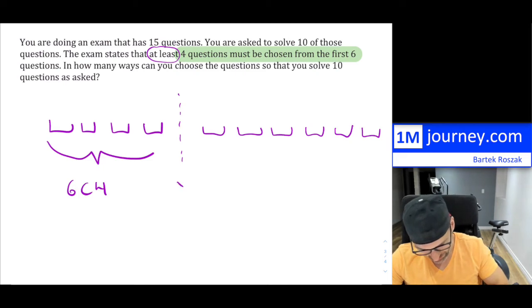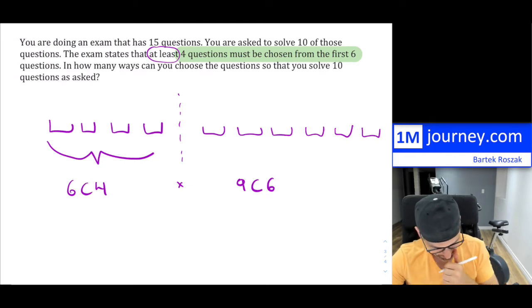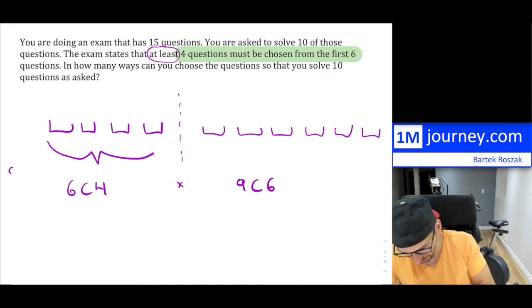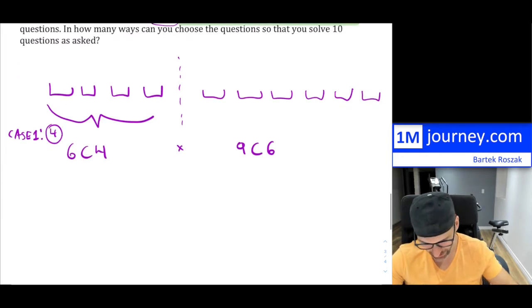And then it's going to get multiplied by, well, we have 9 remaining, so 9. And then we want to choose, I guess, 6 of them, because that would be 10 in total questions. So this would be kind of case 1, where we have 4 from the first one.